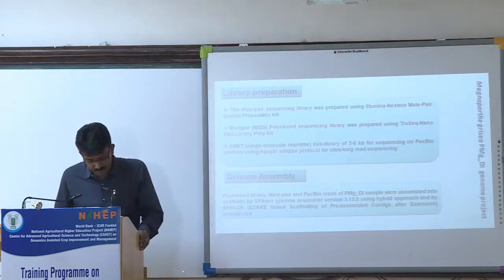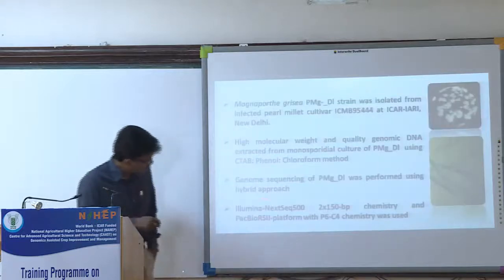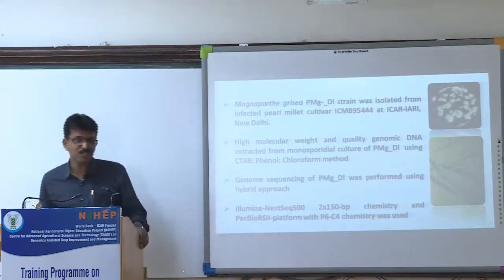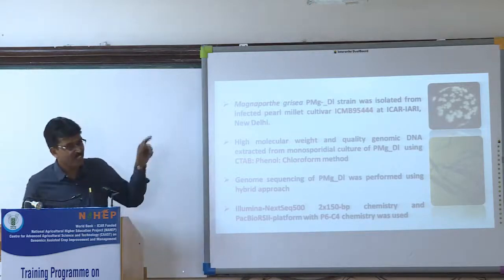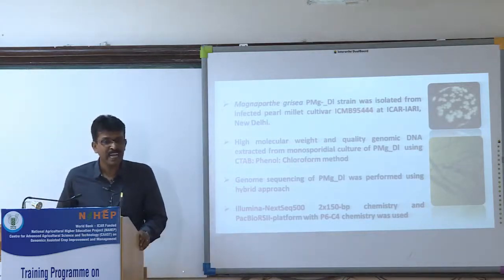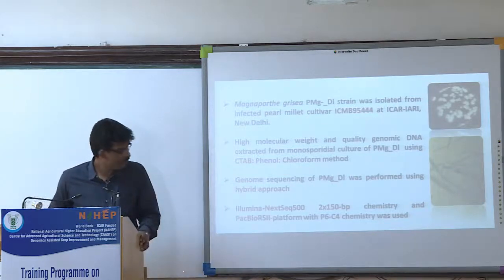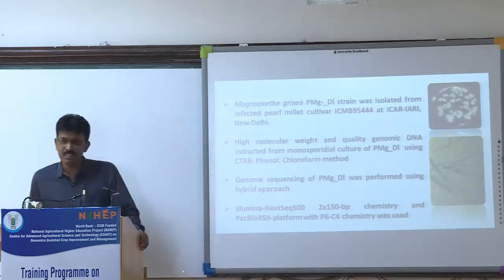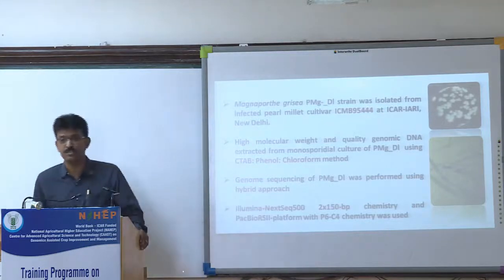That was a big difference. NextSeq 500, please note this finer difference. When we started the previous one, it was HiSeq 2500, and this was done using another chemistry, that is NextSeq 500.